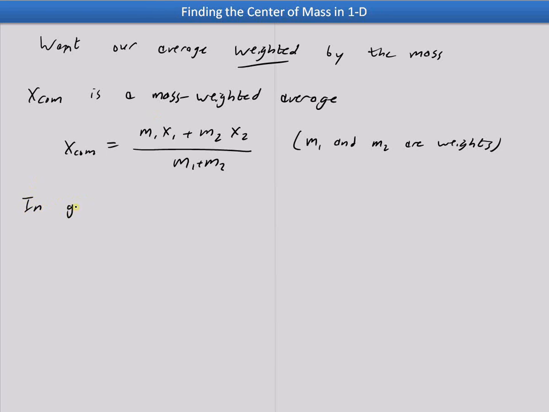Alright, so then we can finish this off just by generalizing to have many particles with weighted averages, in which case our center of mass is equal to 1 divided by the total mass, instead of the total number, the total mass, and then we'll sum up with our index i going from 1 to the total number of particles, mi times xi, where we're going to define capital M as simply the total mass.